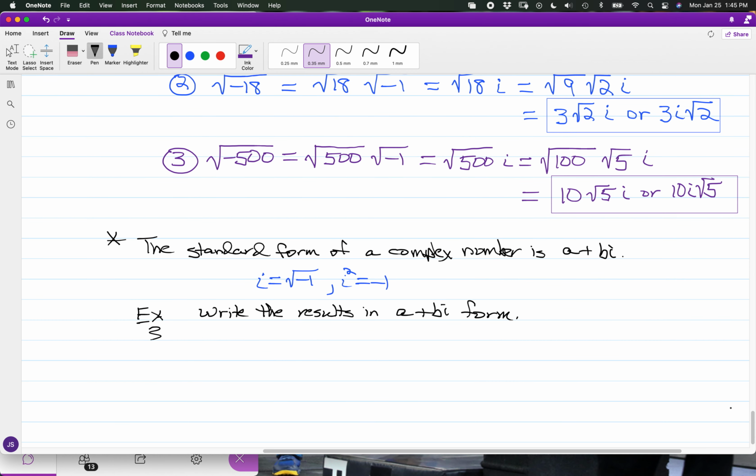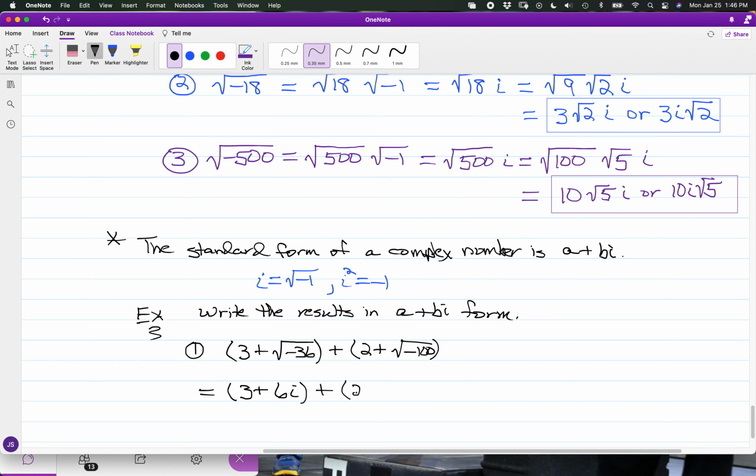and we'll say as a first case here, I have something like 3 plus the square root of -36, plus 2 plus the square root of -100. What's going to happen here? If I reduce the square root of -36, the square root of 36 is 6, so the square root of -36 becomes 6i.